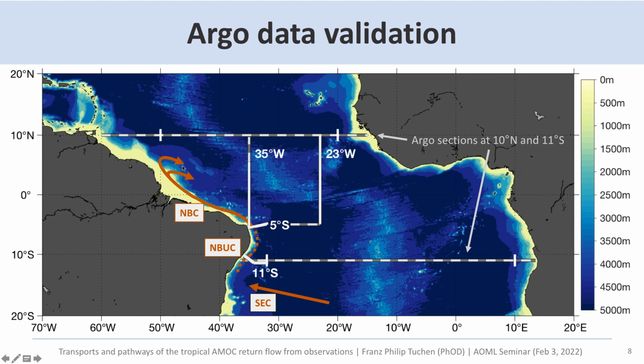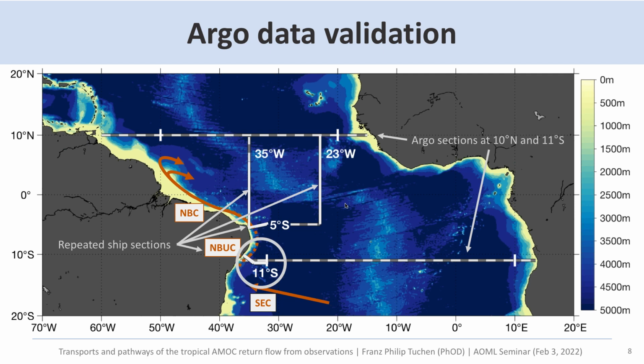And due to the complex circulation in the tropics, we will also be looking at different sections within the tropics and also equatorial crossing sections, which is quite important to include, because Argo data and geostrophic data are not possible to retrieve at the equator. As I mentioned, there are 3 different sections that we will be looking at in the later part of this study.